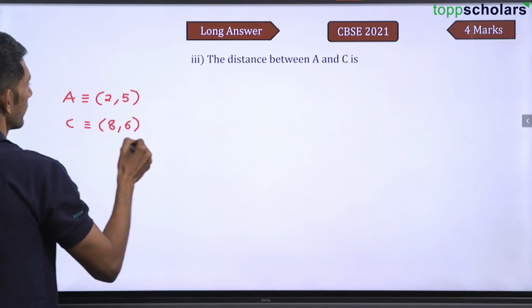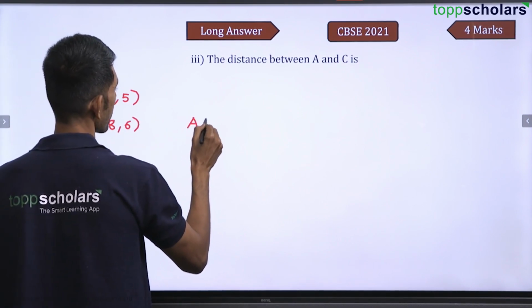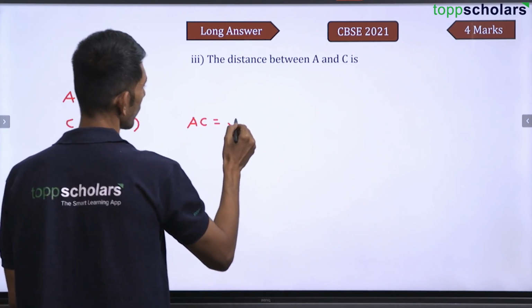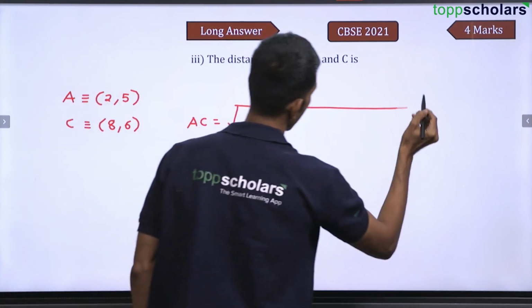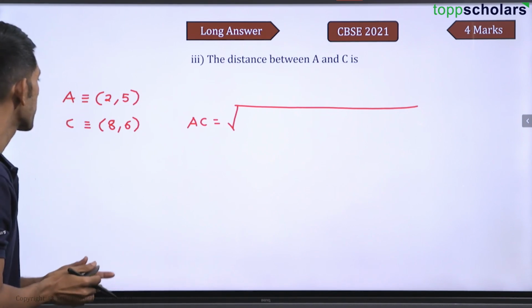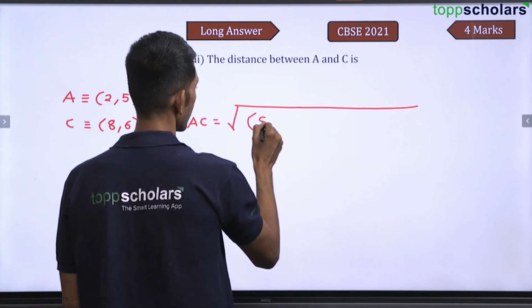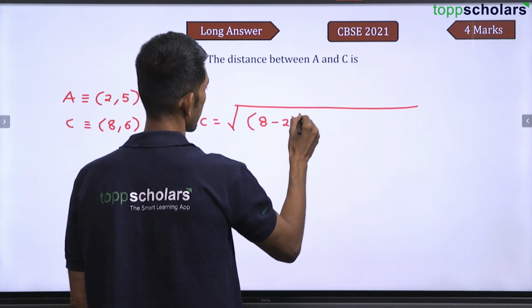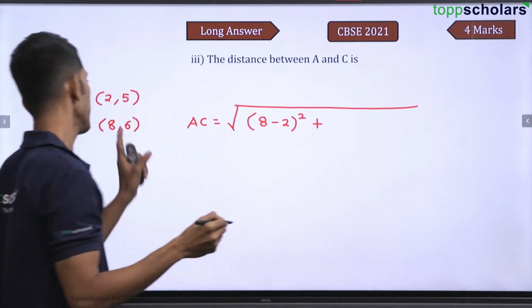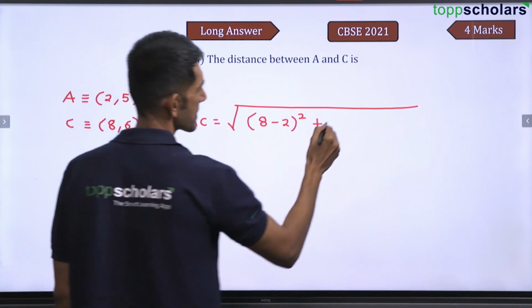So what will be AC? AC will be under root x2 minus x1. 8 minus 2, you can say. 8 minus 2 the whole square plus 6 minus 5 the whole square.